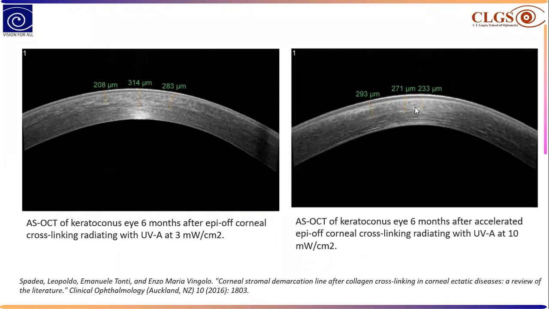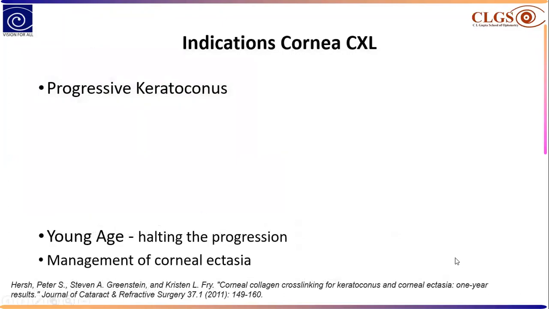Here in accelerated mode, we are seeing less penetration. The demarcation line is at 271 micrometers, but in the standard one, we are seeing a higher demarcation line. Higher means it's better than accelerated. The more the penetration, the better. But this is debatable. Some people will not agree with this.